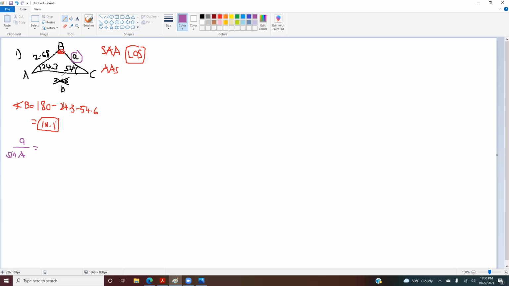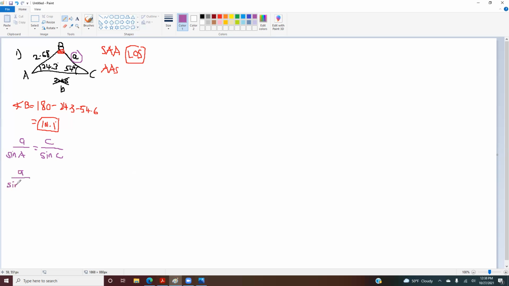It's because B is missing, so we know C. So we will use C over sine C. So make sure you know what is provided to us and what is missing. We cannot use B here because the side B is not given to us. Side C is given to us. So now you just plug everything inside here to find A.